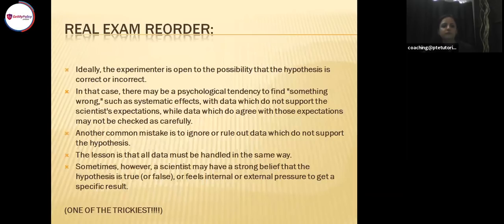Going back. First will be, another common mistake is to ignore or rule out data which do not support the hypothesis. After that, number 3, number 1, number 5, then number 2, and the last one is number 4.